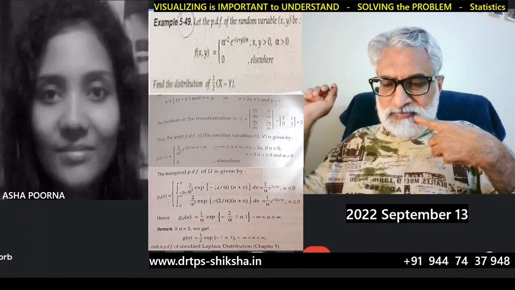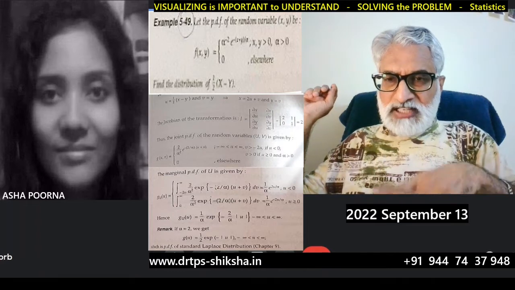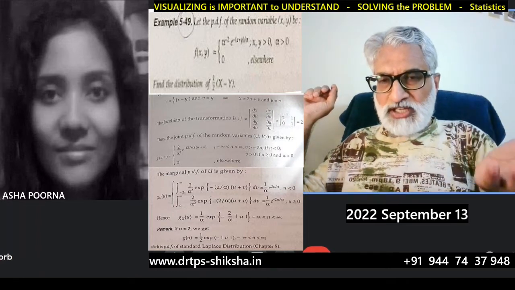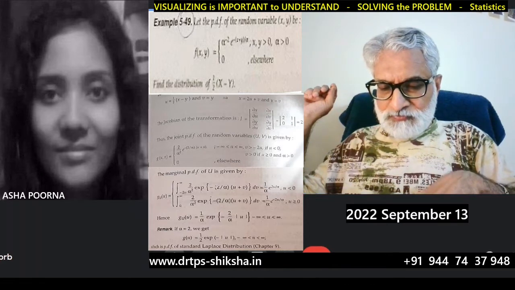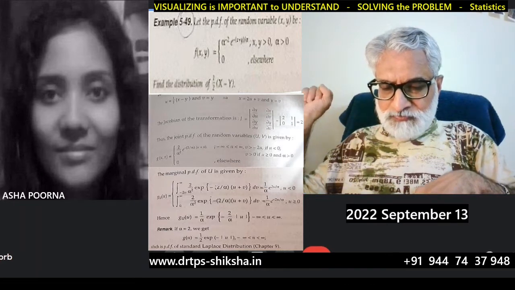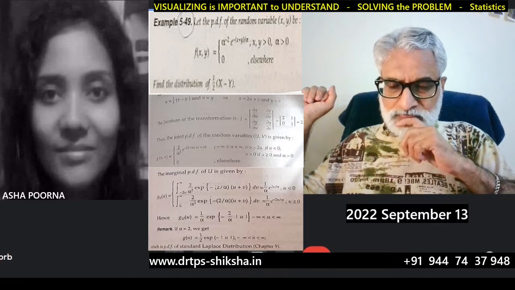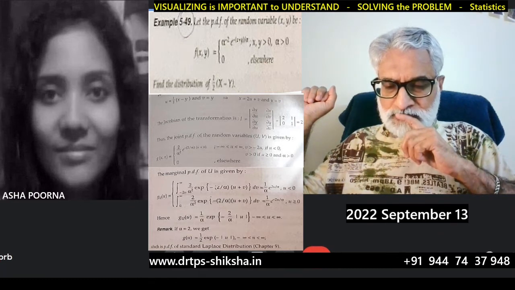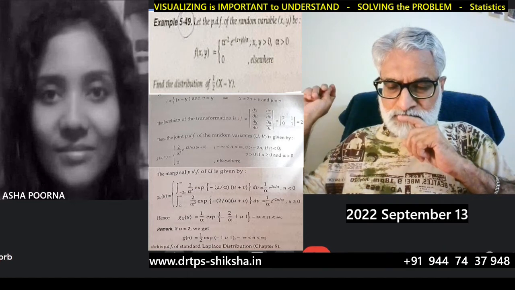The formula is rewritten as x is equal to 2u plus v and y is equal to v. That is changed now. Then the probability distribution function of u and v is given as the product of the Jacobian and the PDF of xy in terms of u and v.